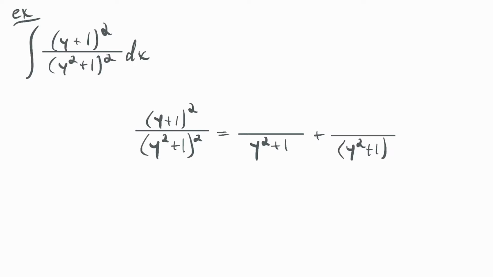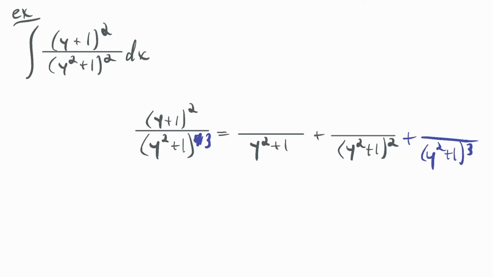If the original denominator had something like this cubed instead, then we would need another term, something over y squared plus 1 cubed. And if the denominator had originally been to the 4th power, we'd need another term. However many terms we have is whatever that degree is in the denominator that we start with. And all of the numerators in each term would be linear.